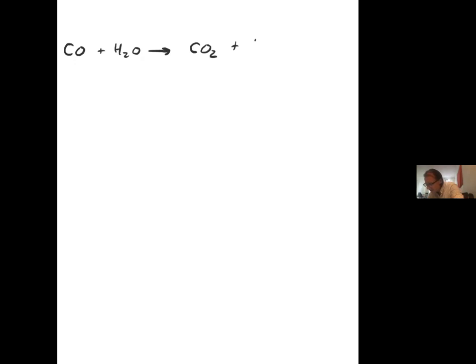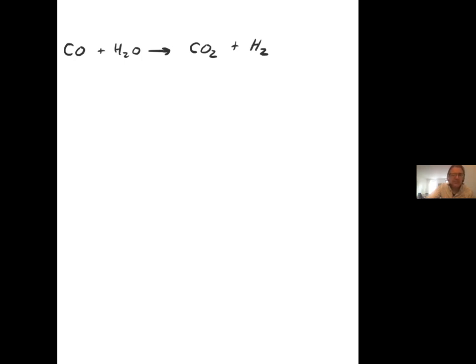Oh, this is a way of forming hydrogen. Okay. That's cool. Hydrogen can be used as a fuel, so that's a nice little reaction to form a fuel. So here, we have to figure out what element they want. They wanted in this particular problem, the hydrogen.